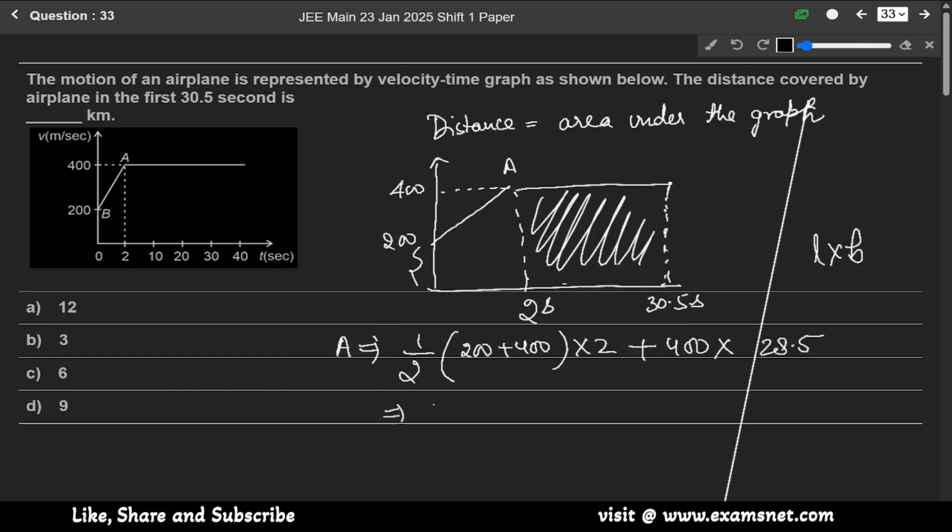The 2 cancels out. It will be 600 plus this, which will be equal to 0.0411. So 600 plus 400 means it is 12000. In terms of kilometer, it will be 12 kilometer. So option A is the correct answer.